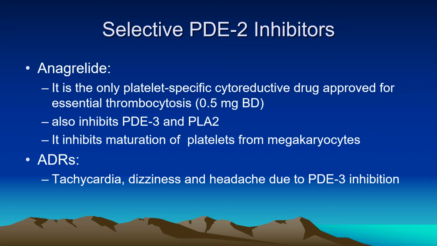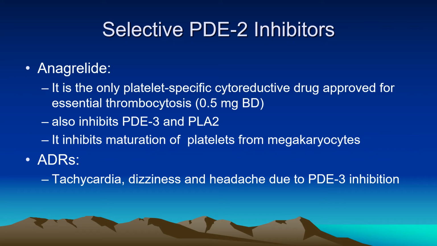Now we will discuss selective phosphodiesterase 2 inhibitors. Currently many drugs are being investigated. One is anagrelide. Now this agent is available for platelet reduction. This is called cytoreduction, and currently it is approved for the treatment of essential thrombocytosis in a dose of 0.5 milligram twice daily.